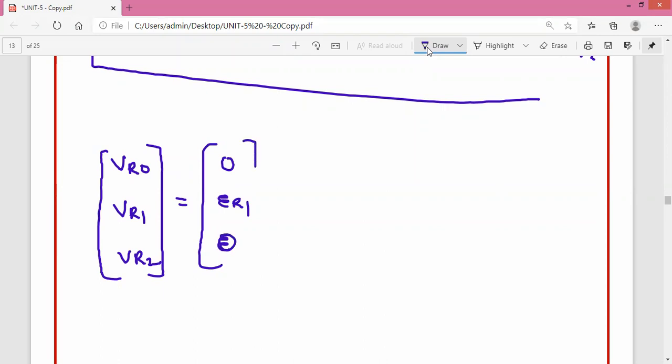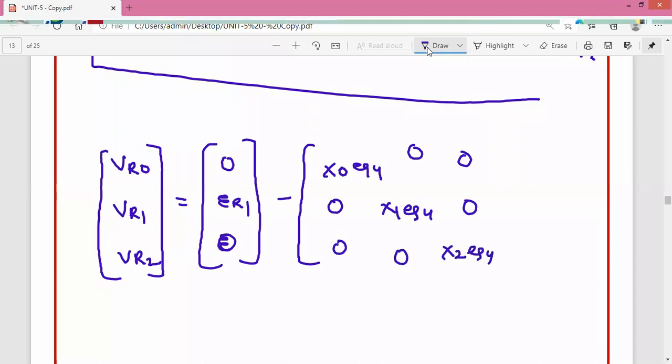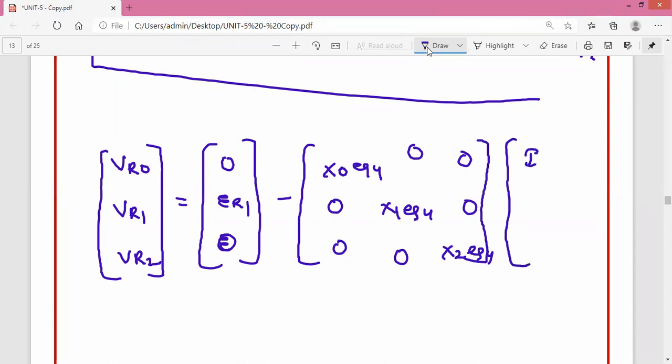Only ER1 is produced, minus this is X naught equivalent value 0 0, 0 X1 equivalent value 0, 0 0 X2 equivalent value, and this one is IR naught, IR1 and IR2. So this is symmetrical component networks.